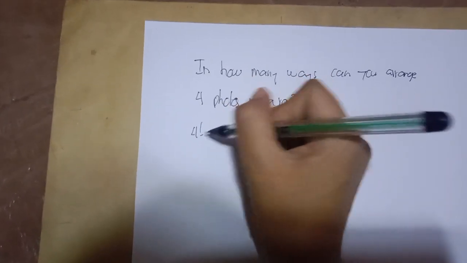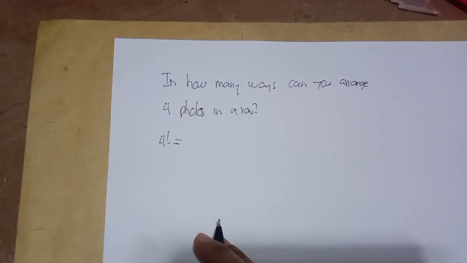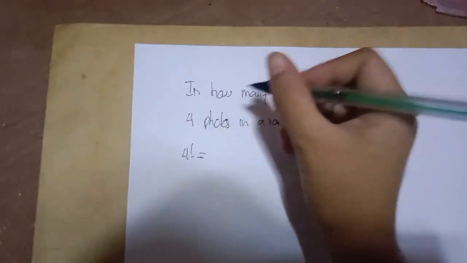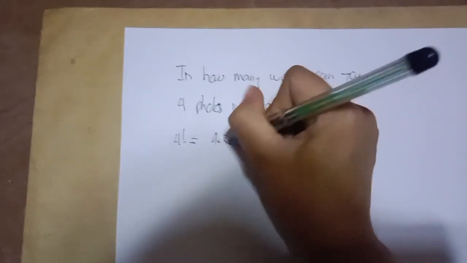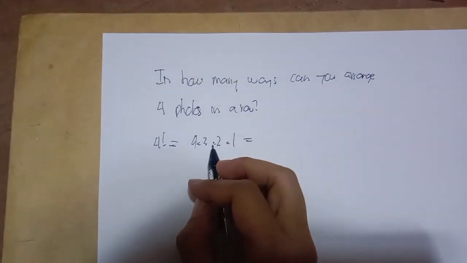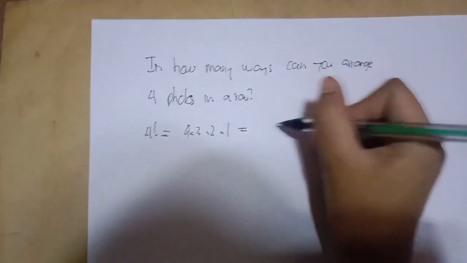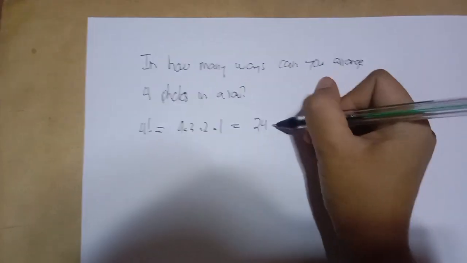They have 4 photos, so 4 factorial. Using the earlier example, 4 times 3 times 2 times 1 equals 24 ways. Very good, 24 ways.